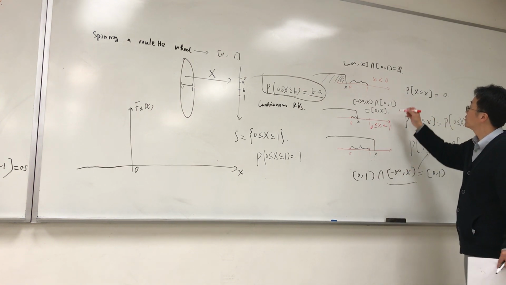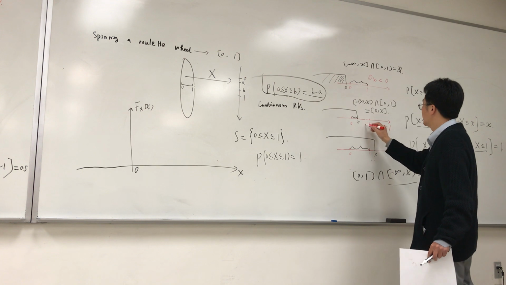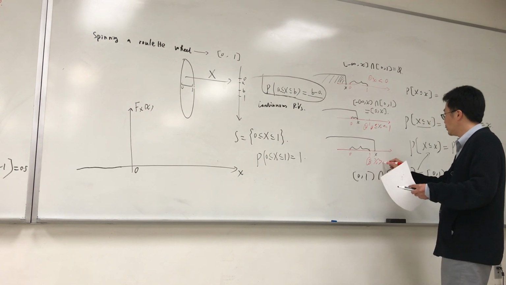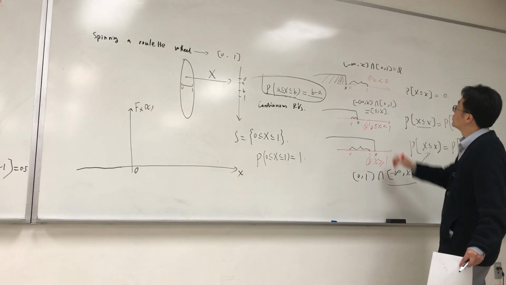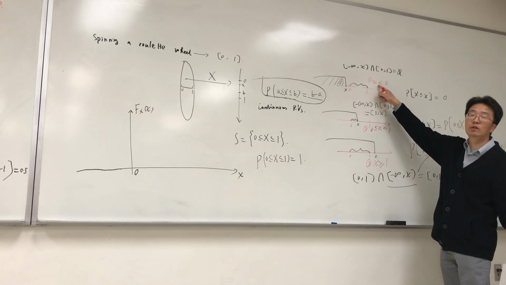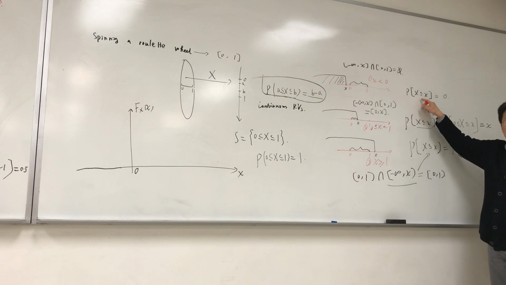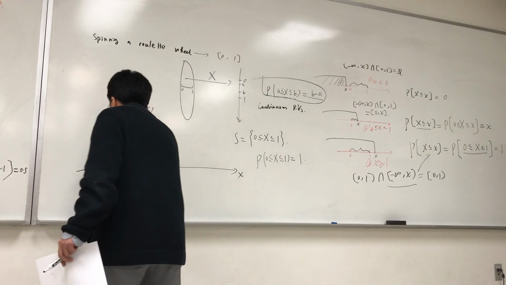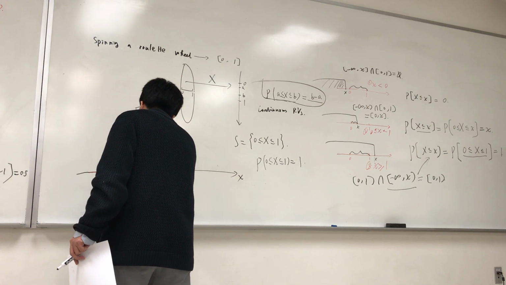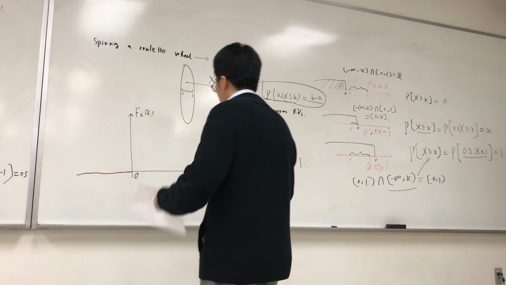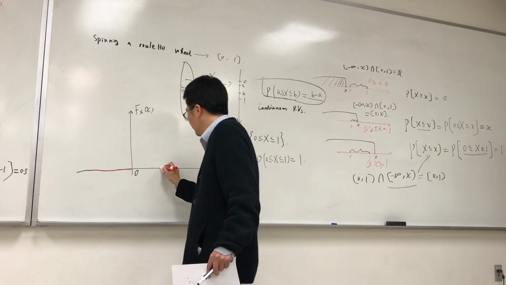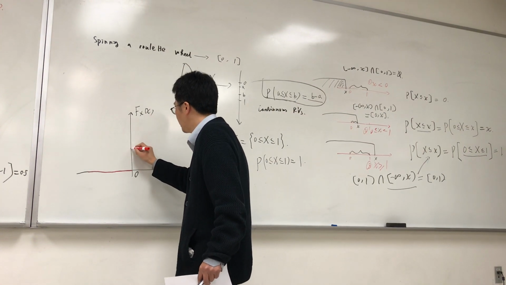Case number 3 here is when x is greater than or equal to 1. So you can see here when x is less than 0, the distribution function is 0. So it will be like this, 0, 0, 0. And then when x becomes 1, it should be 1 here.